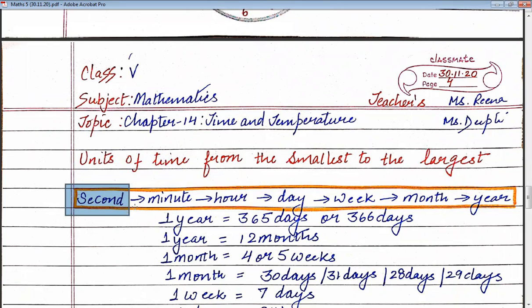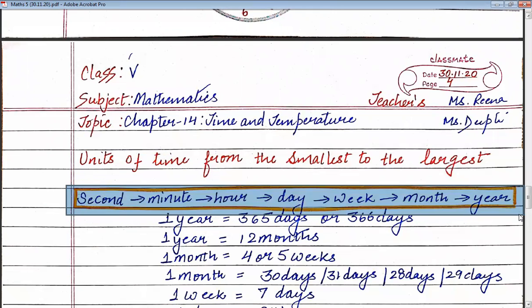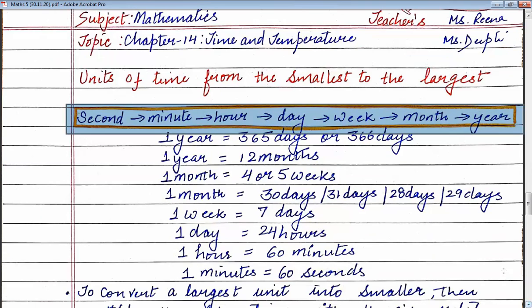Let's read it: seconds, then minutes, hours, days, week, month, year. Children, you already know the relation between all these units. Let us repeat one more time: second, minutes, hours, days, week, month, year.